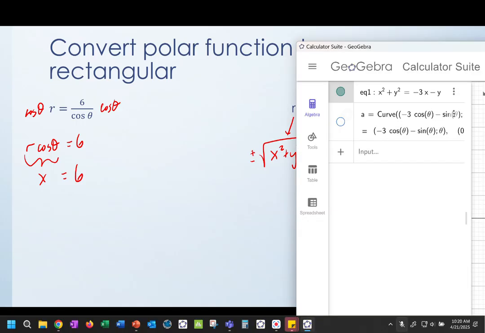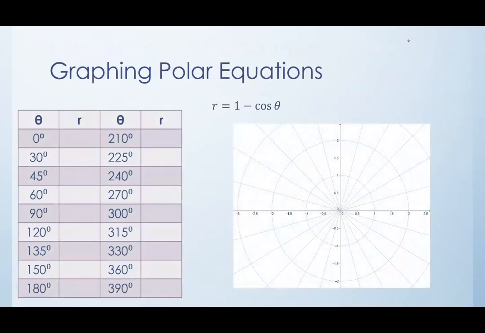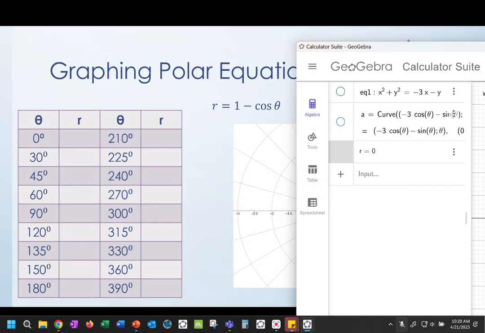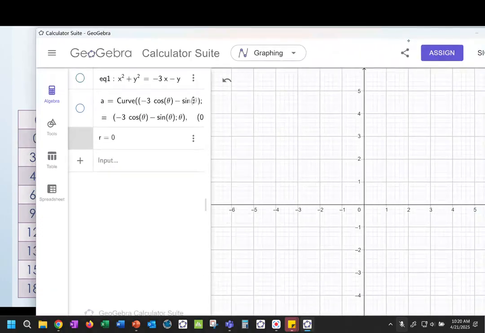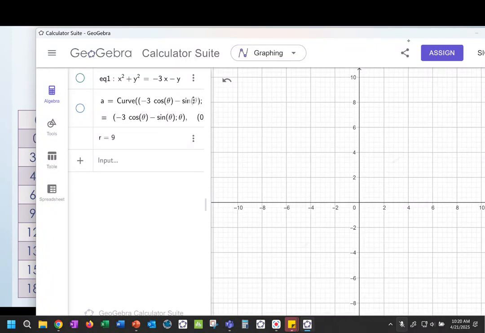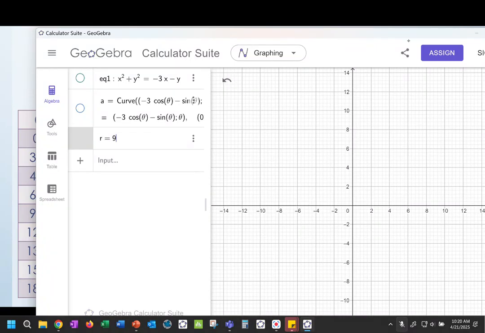And so if I turn these two off and I say r equals 9, we are going to get r equals 9, and then we've got to zoom out. It doesn't want to graph that because there's no theta in here. So let's say plus 0 times theta.